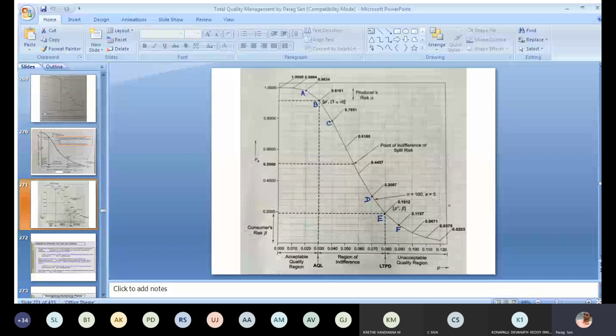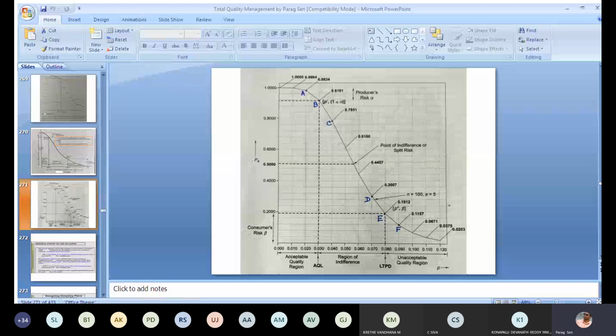Due to sampling variation, it is always possible that a bad lot can be accepted and a good lot be rejected. It is a producer's risk that a good lot be rejected by the consumer. For example, suppose you have 10,000 items in a lot. Now, suppose your sample size is 10.